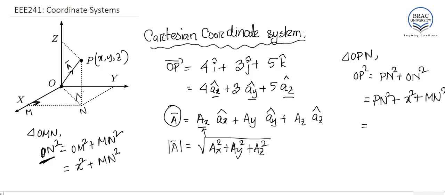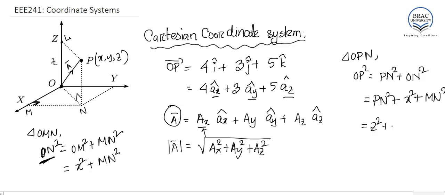But PN is parallel to the OZ axis. Let's name it L. So OL is the distance that you have to traverse from the XY plane to get to the P point, right? The elevation of the P point from the ground. So OL is the z coordinate of P.